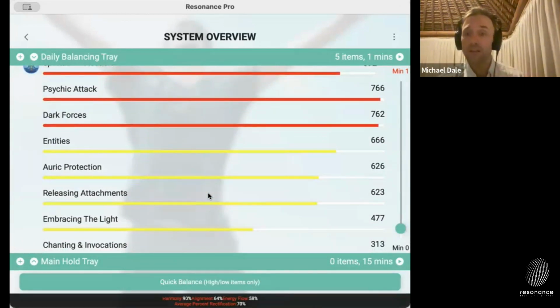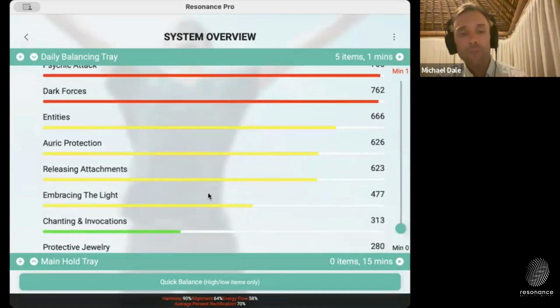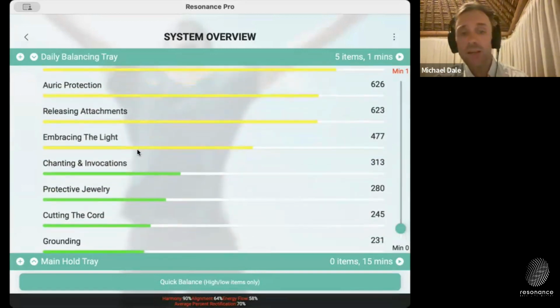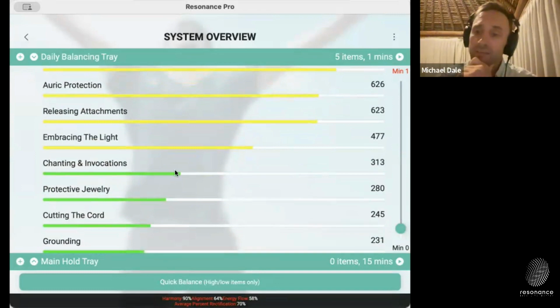They feel like they're trying to release some kind of spiritual entity or something that is blocking their energy in some way. Or they want to connect more with the light of their spirituality, all of these things, chanting and invocations. I mean, who doesn't love chanting and invocations?